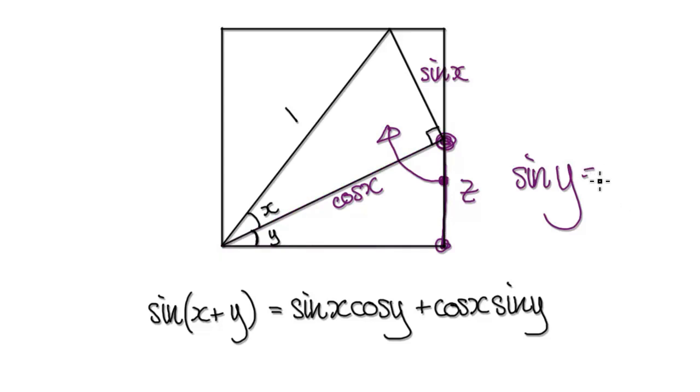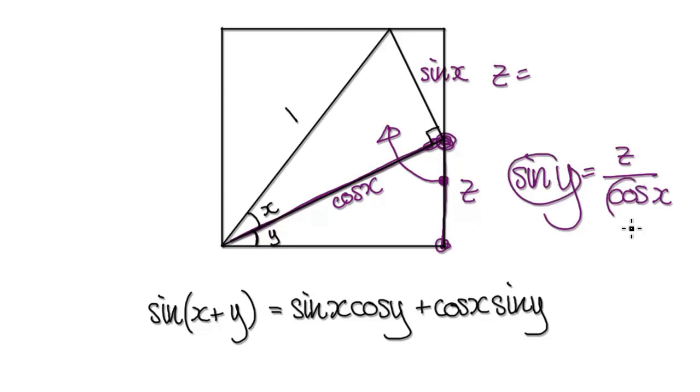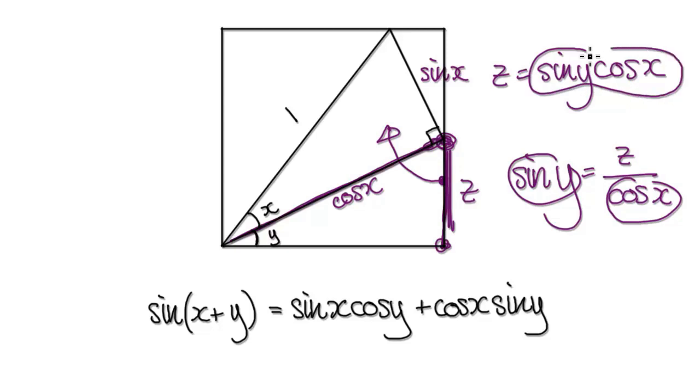So sine y equals z over this length here, which is cos of x. So z equals sine y times cos x. So this length here is this thing here.